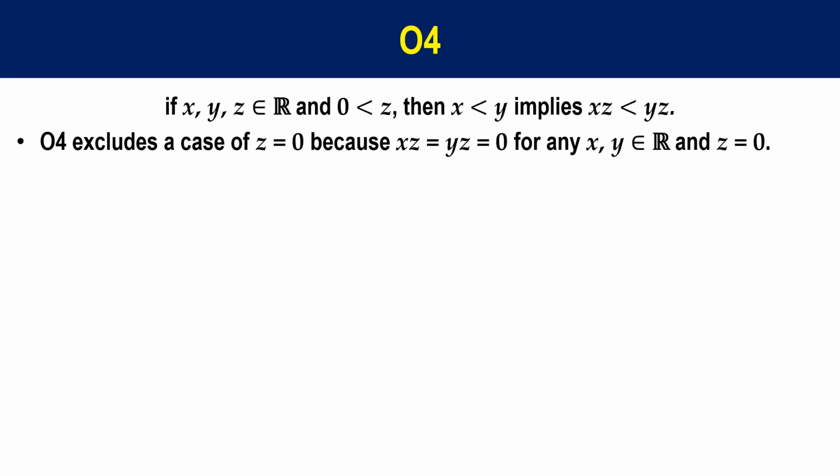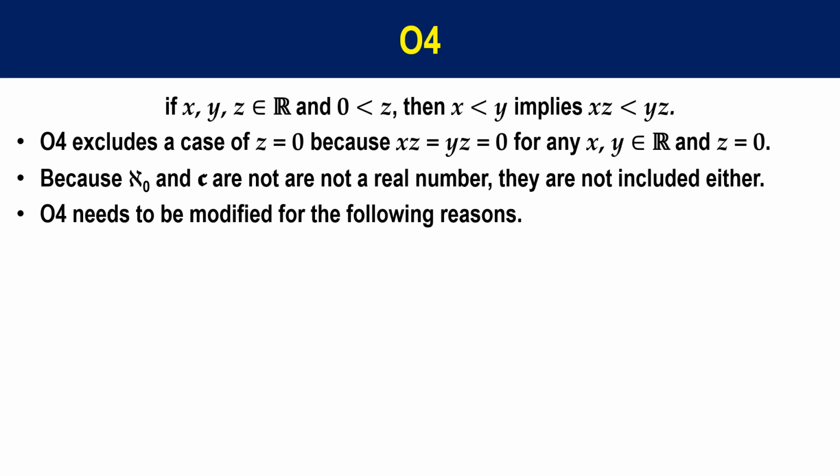And there is axiom O4, which states if x, y, and z are real numbers and z is larger than 0, then x smaller than y implies xz is smaller than yz. O4 excludes the case of z equals 0 because xz equals yz equals 0 for any x, y in real numbers. Because Aleph null and C are not real numbers, they are not included either.